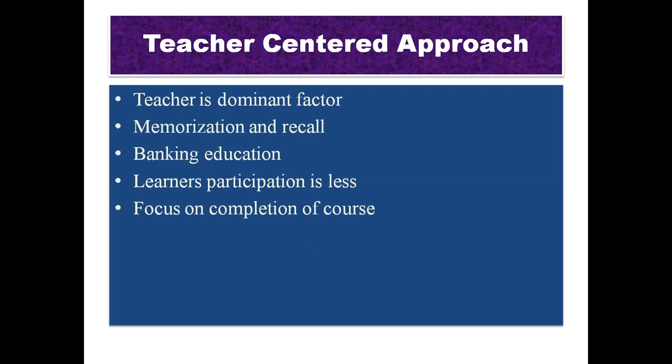Because the teacher is doing each and every activity. She is teaching, she draws the figure, she explains the figure, she asks the questions. So whatever the teacher is saying, students are not active, they are passive in nature. So the teacher is a dominant characteristic.